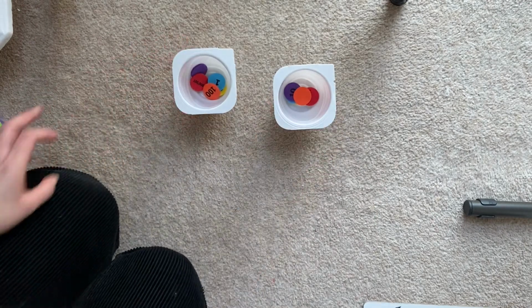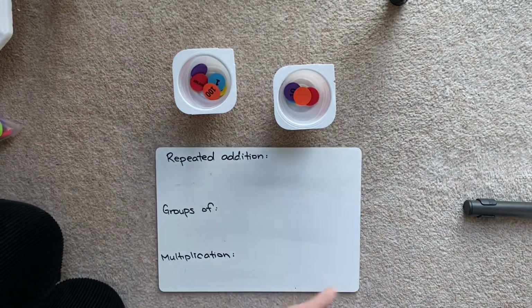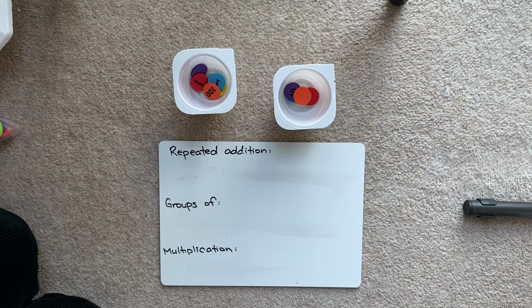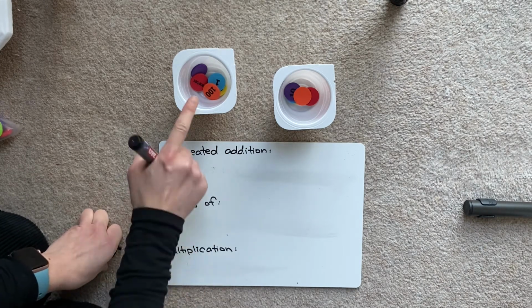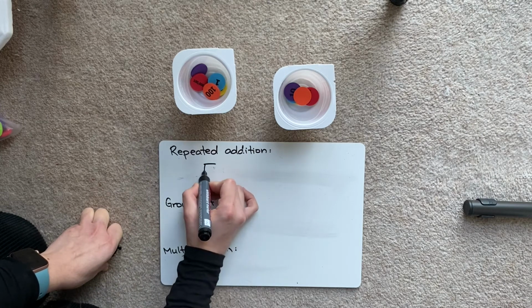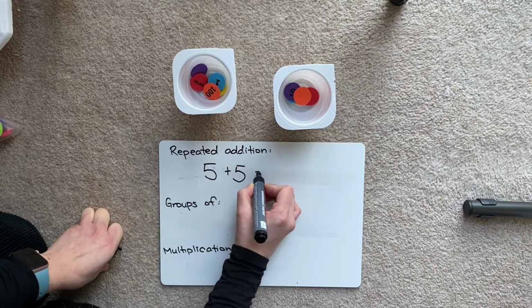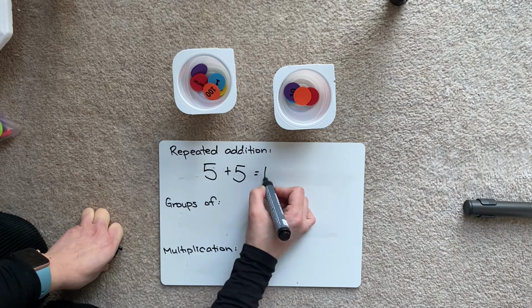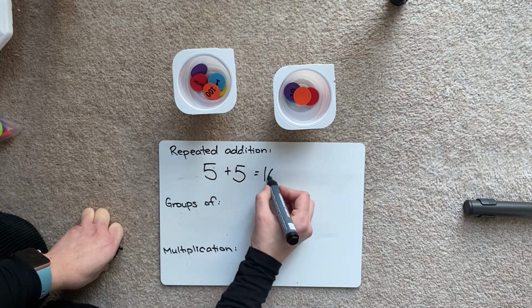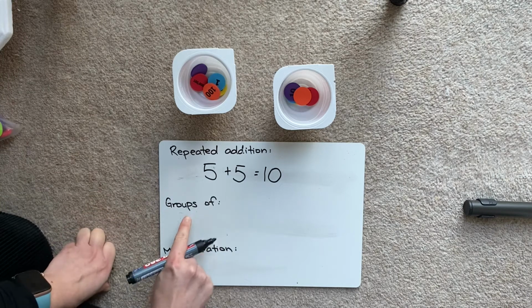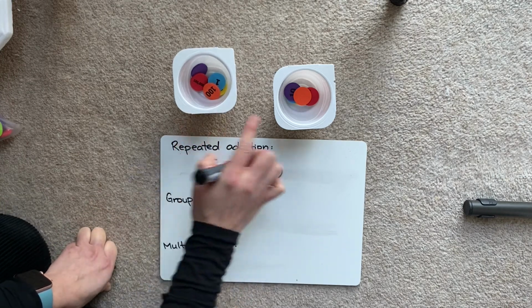So now we need to write our different number sentences. Our repeated addition number sentence is going to be 5 add 5 equals 5, 10, equals 10. Our groups of sentence, so how many groups do we have?